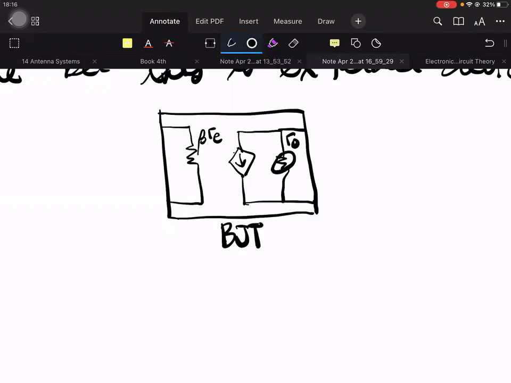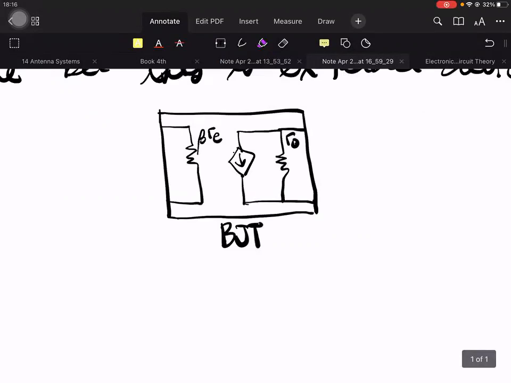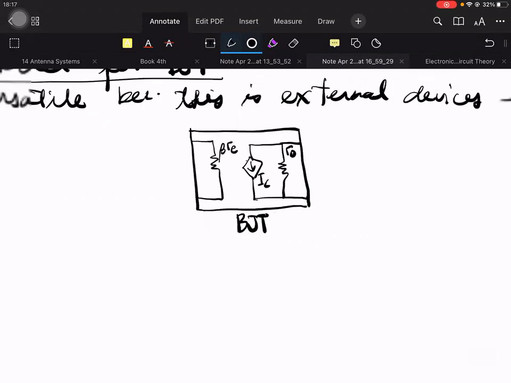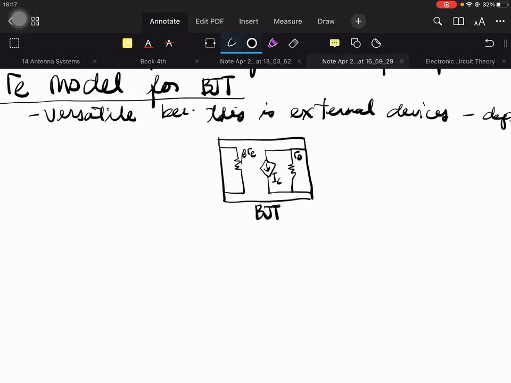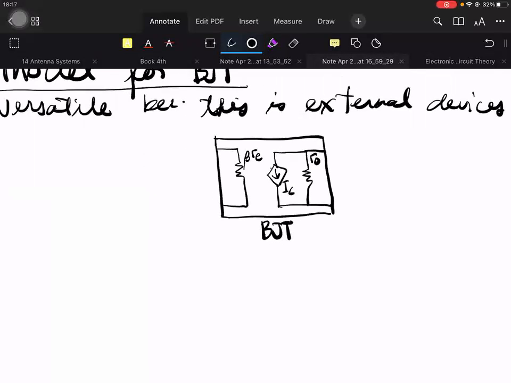This is RO. And this is the current source. Current source, beta IB, or IC, rather. So we could say that this is IC. This is more appropriate also because we think of the BJT as a current controlled current source.